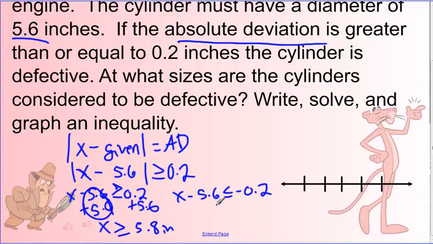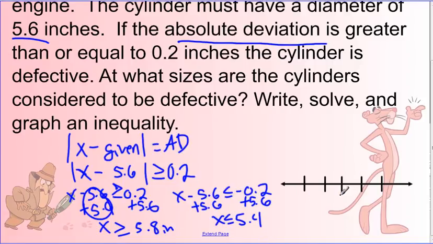And on the other side, we add 5.6, add 5.6, and x is less than or equal to 5.4. So the cylinder is defective if it has a diameter that is less than 5.4 or bigger than 5.8.